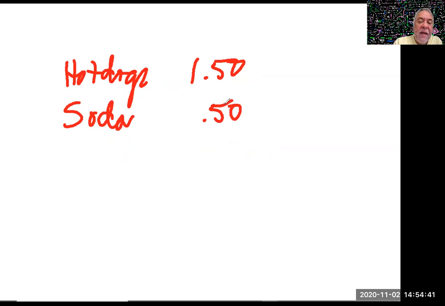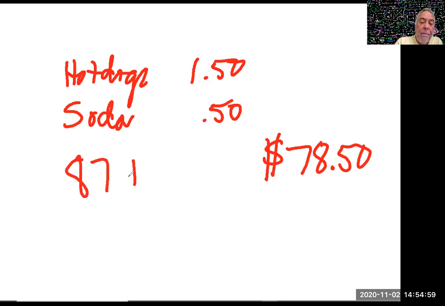Now, at the end of the day, you have made a total of $78.50. And the number of objects, the number of hot dogs and sodas combined, is 87 total. So 87 hot dogs and sodas combined.